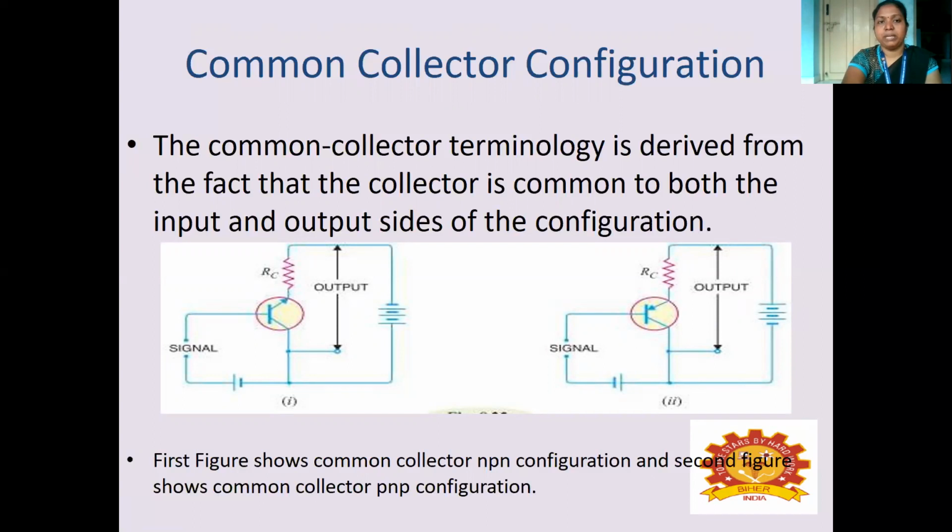In case of base, we have base as common, emitter as common, but in case of a collector, we make the collector common, and the opposite side comes the emitter and input comes the base. And input is forward bias and output is reverse bias. Here also they have shown 2 different configurations, that is NPN and PNP transistors. And we have connected the current limiting resistor towards the emitter.